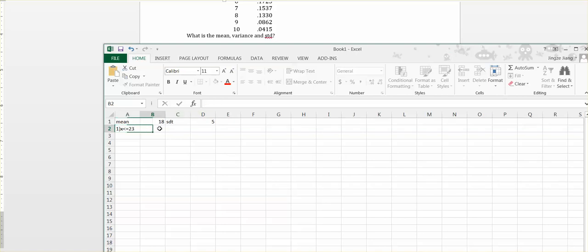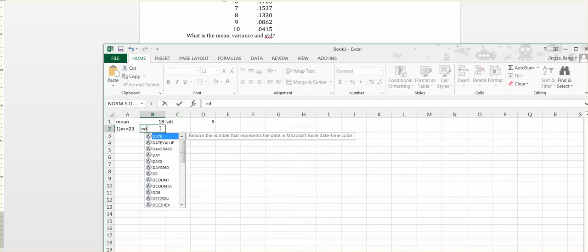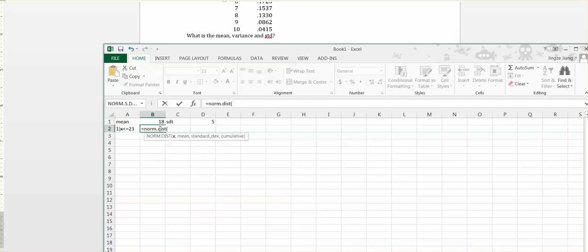So we will use the function equal NORM.DIST and parentheses, and the question here asks for 23, then a comma, the mean, which is equal to 18, and the standard deviation equal to 5.